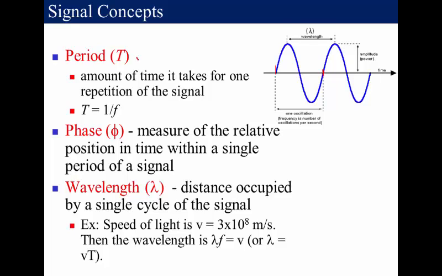Period is correlated with the frequency. F is the frequency. If we have a long period, then for a given time, you have a smaller frequency. If the period is very, very short, it repeats very quickly, then for the same time, we have more occurrences.